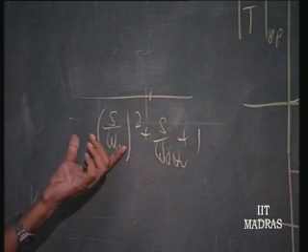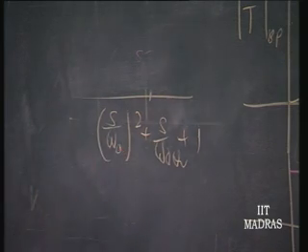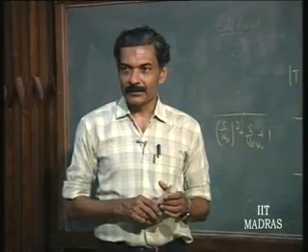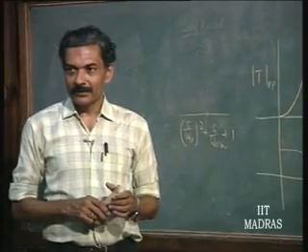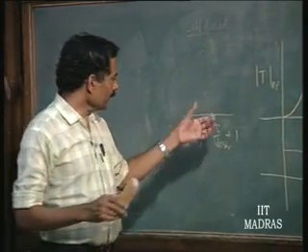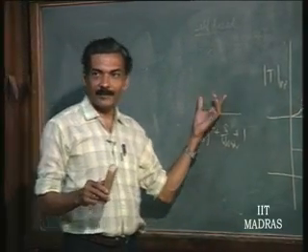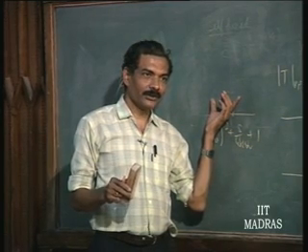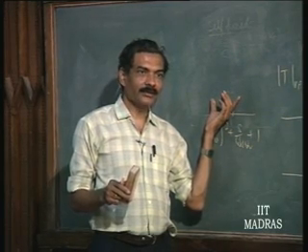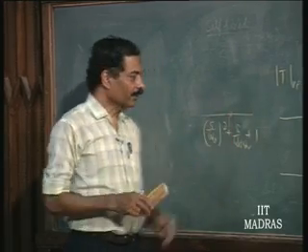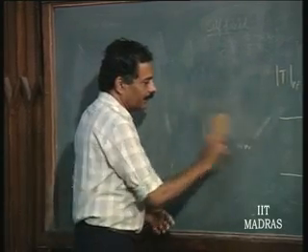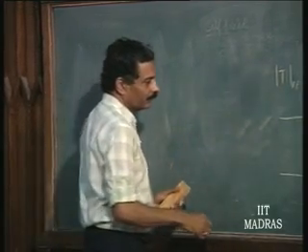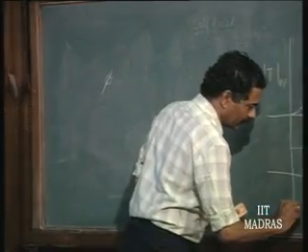So, it goes to 180 degrees. Is this clear? As far as the numerator is concerned, this magnitude itself is going to be close to 0 when S is equal to 0.